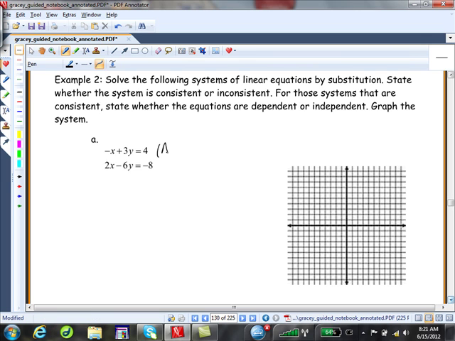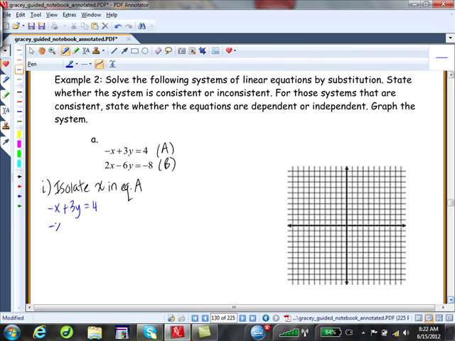Name our lines. And just for the heck of it, why don't we isolate x this time. So if we were to isolate x in equation A, and again, I'm just doing what I thought would be the easiest, we'll have negative x plus 3y equals 4.